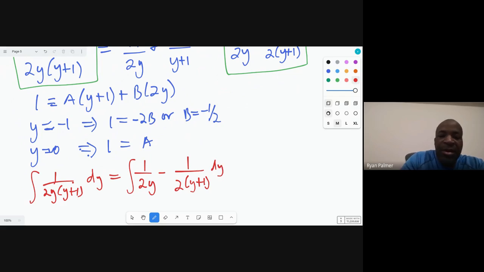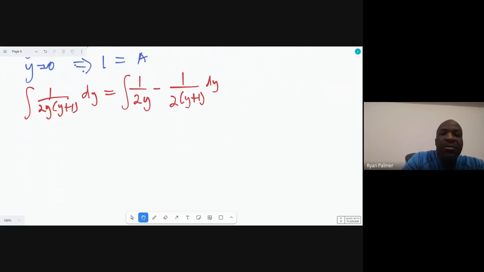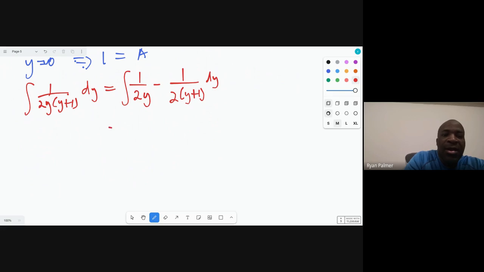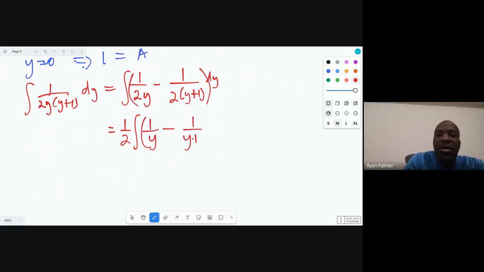We can factor the half out, and then this is going to be half the integral of 1 over y minus 1 over (y plus 1) dy. So this is going to be half of ln y minus ln (y plus 1).